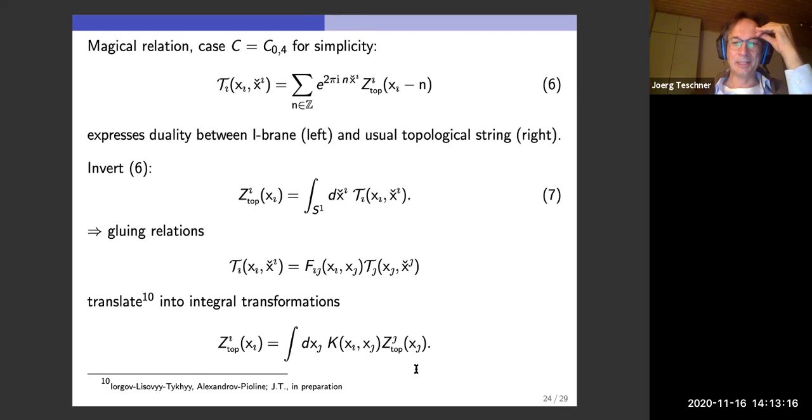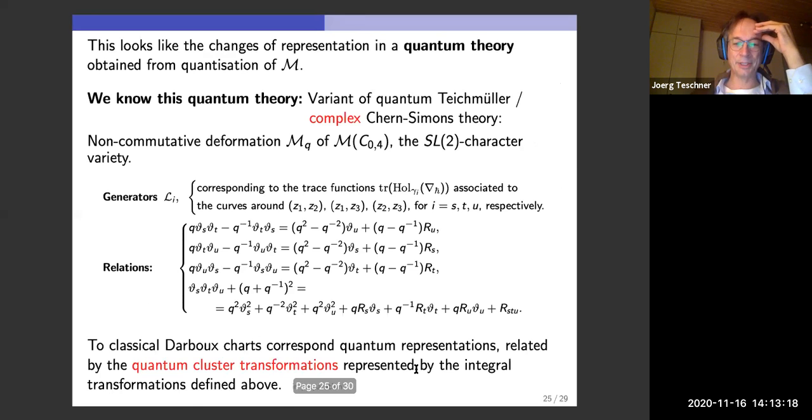Now, by matching these with something known, namely with what is coming from quantum Teichmüller theory, I'm identifying what kind of quantum theory we're actually talking about. Namely, it's the quantum Teichmüller theory, the quantization of the character variety.